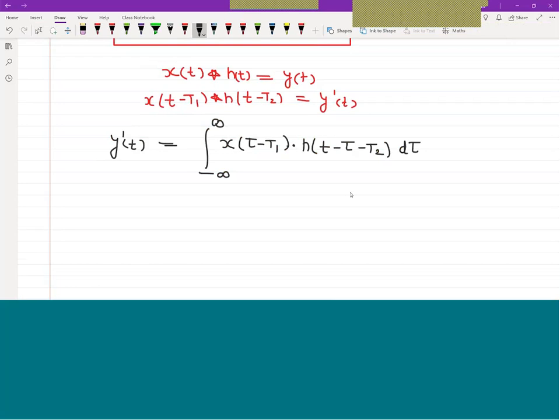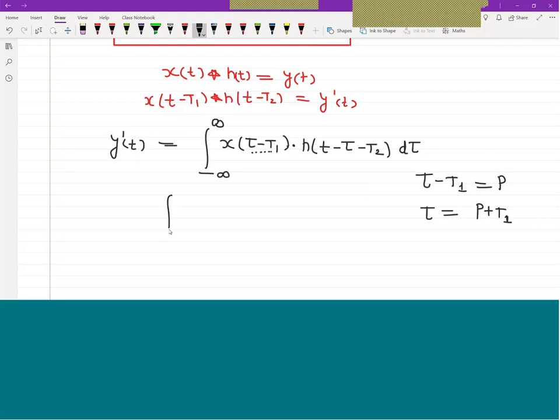Now let's say tau minus t1 is, I am saying, p. So what is the new value of tau? The new value of tau is p plus t1 and d tau equals dp.